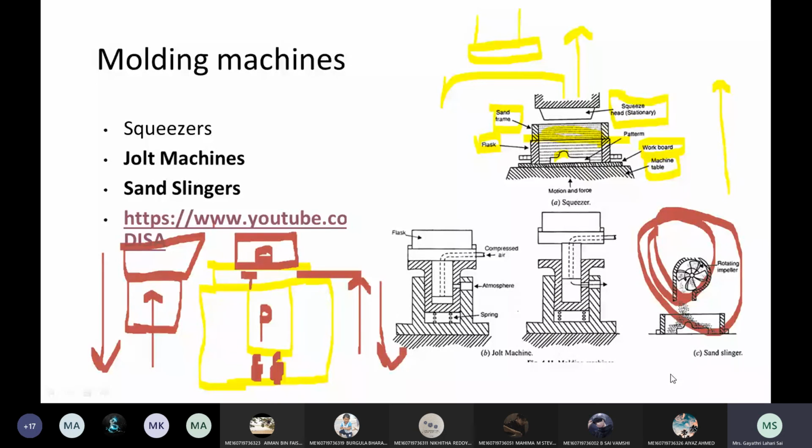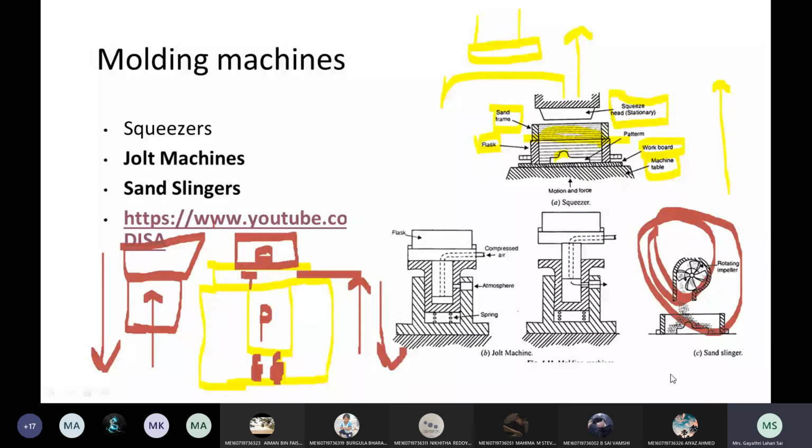When they are applying a certain amount of pressure, based on that also they will calculate it and give the allowance to the pattern so that the pattern should not break. Right? Yes, ma'am, understood about this molding machine.